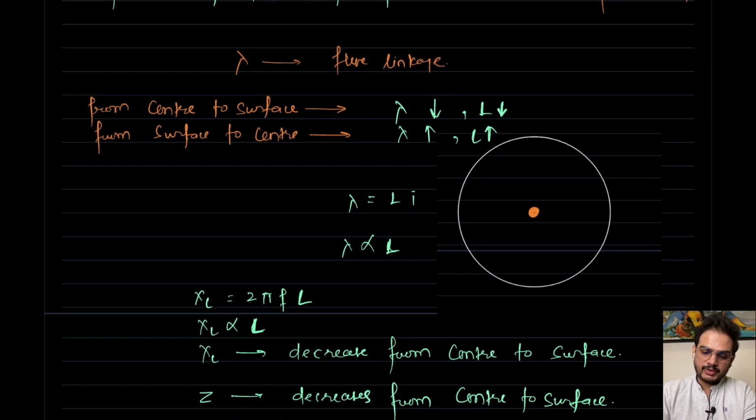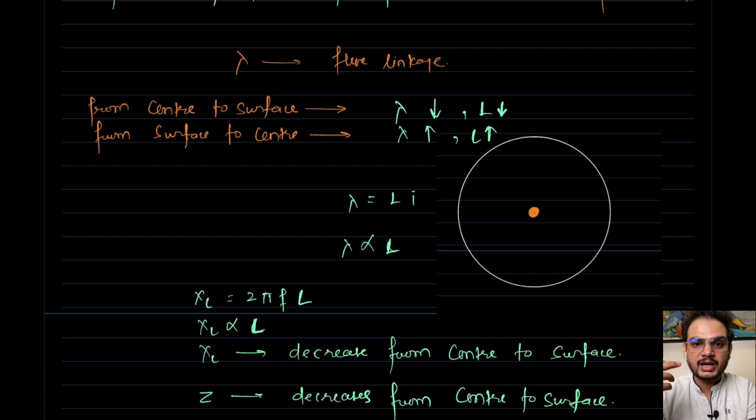Where we started, it is a non-uniformity of the current from center to surface or surface to center. This non-uniformity of current is because of non-uniform flux linkages. From center to surface my flux linkage is decreasing.